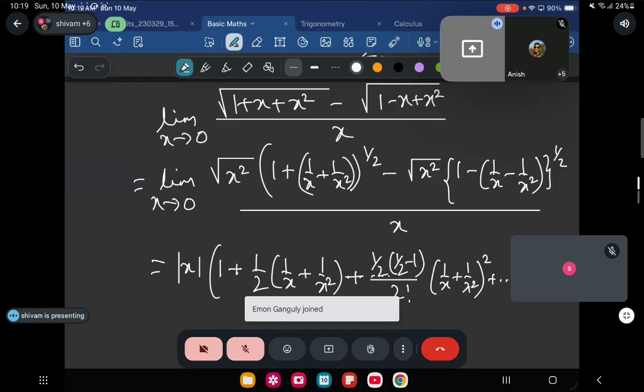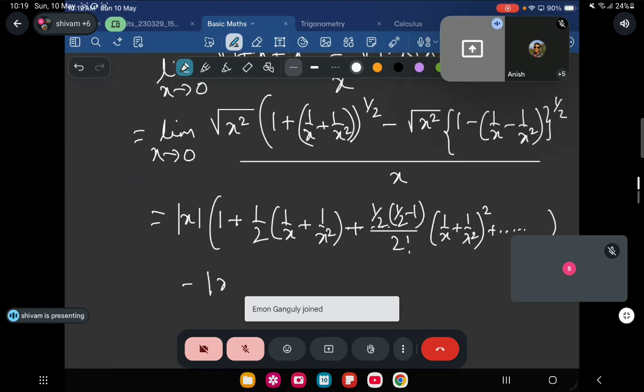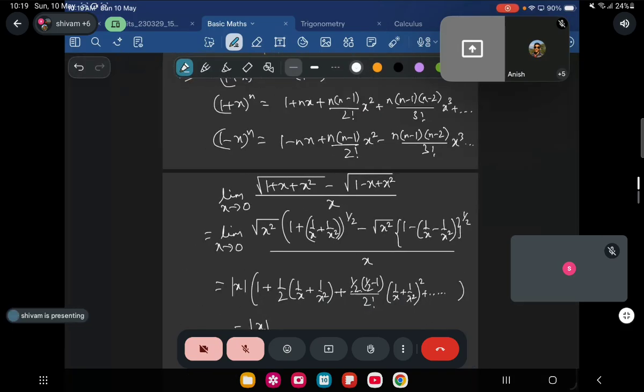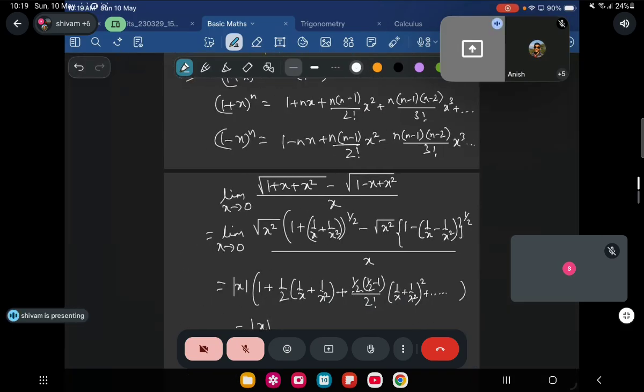Next, minus mod x. Leave this out. It will not work, because again you will get 0 in the denominator, so it will tend to infinity. Leave this out. So the first method, everyone understood, right?